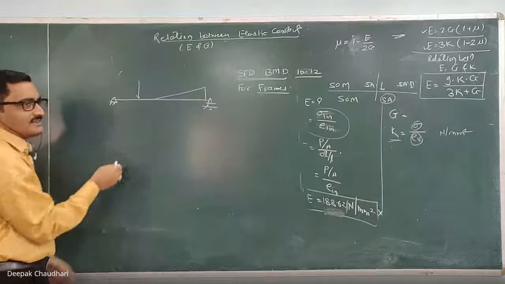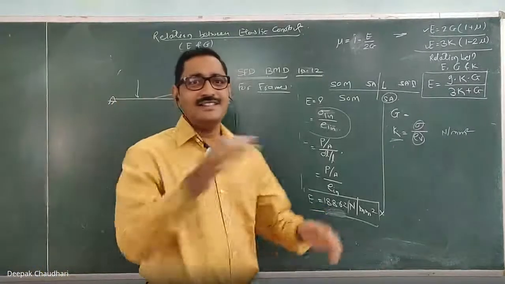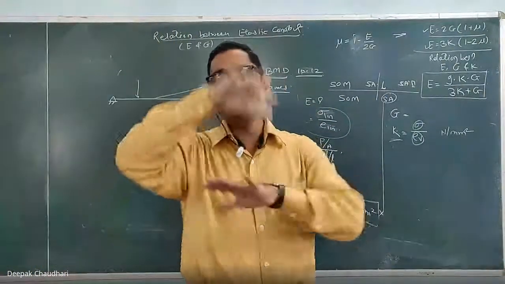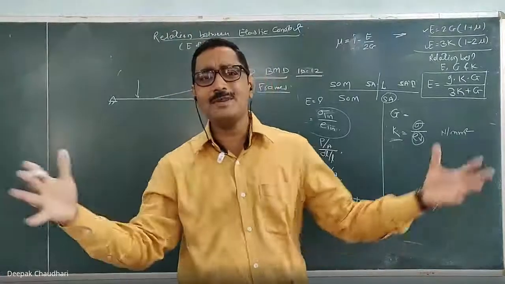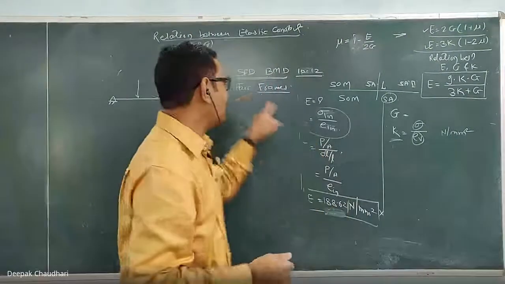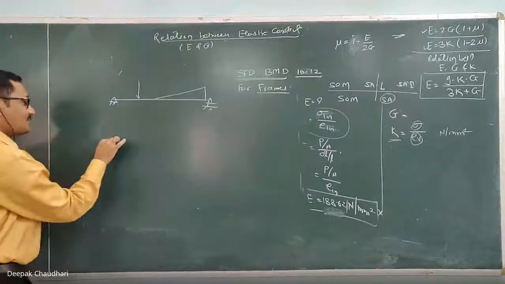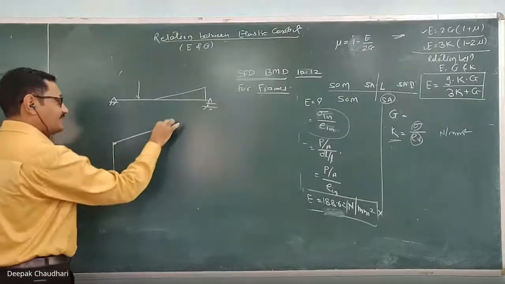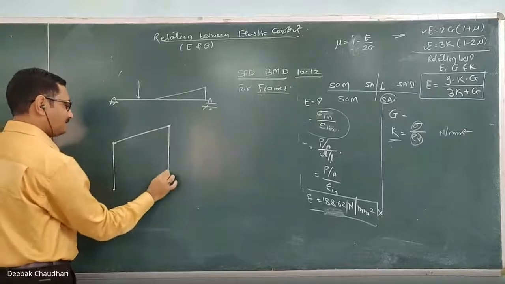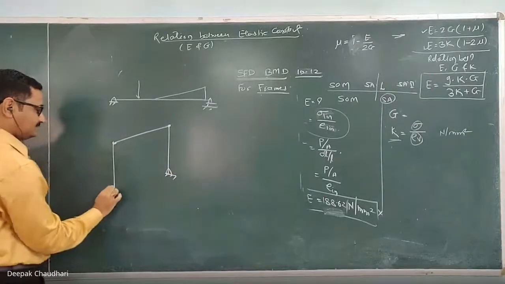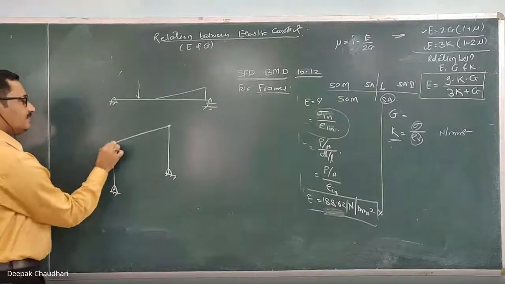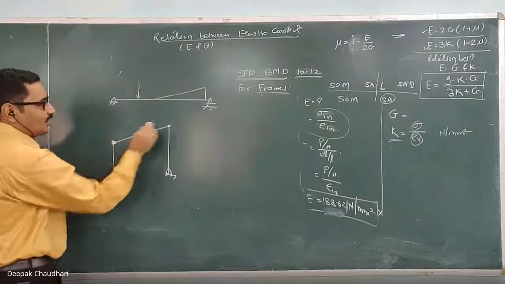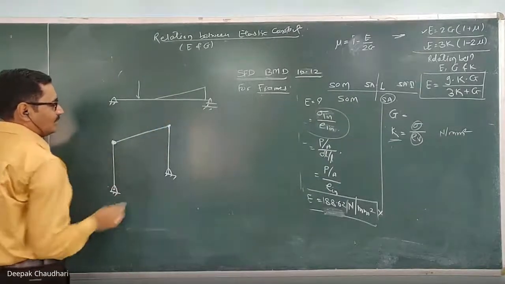In a structure, if you consider a steel structure, there are a number of members connected together, and that becomes the frame. Suppose this is one member, this is another member, this is the third member, and they are supported like this.